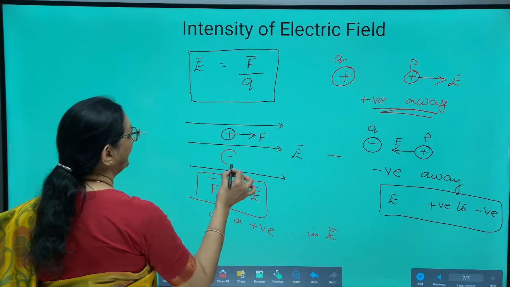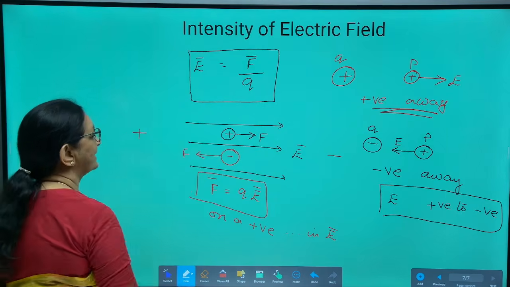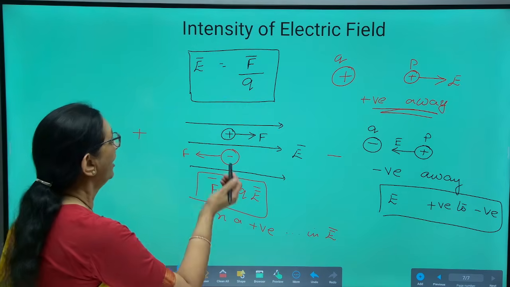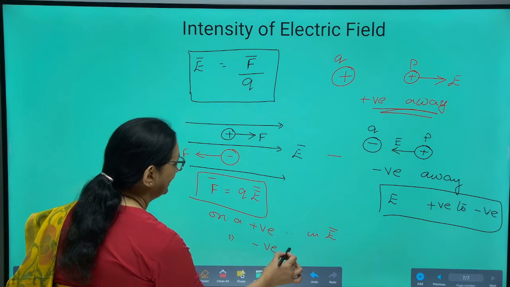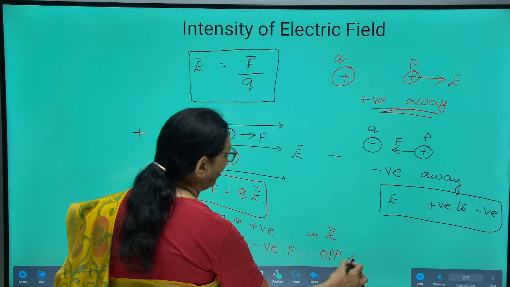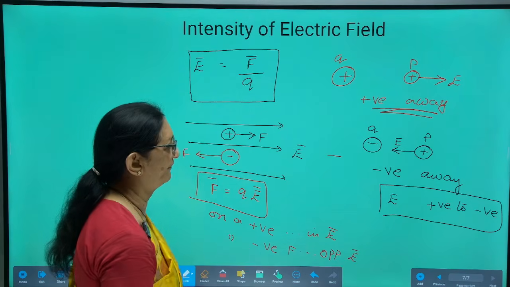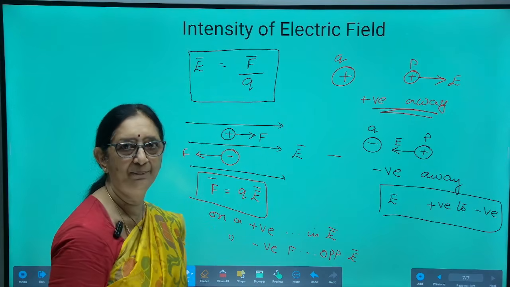Similarly, if you place a negative charge, it experiences a force in a direction opposite to the field. So, on a negative charge, force is in a direction opposite to the electric field intensity. This concept is very important.